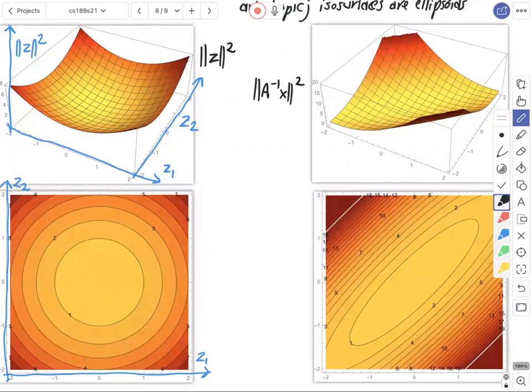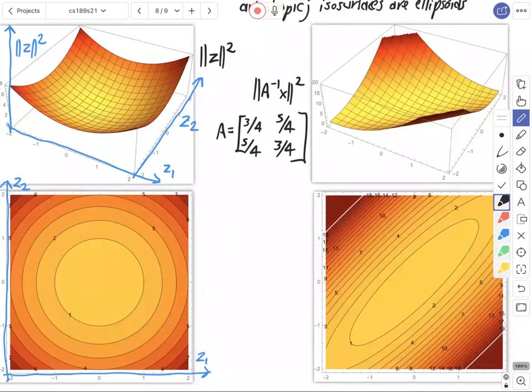And the way I want you to think about this is, there's a specific A. This is not just for any A. I'm showing you this for a very specific A. And the reason why I chose this A is because it has exactly the eigenvectors and the eigenvalues that I was graphing at the very beginning of this lecture. So one eigenvalue of 2 and one eigenvalue of minus 1/2.